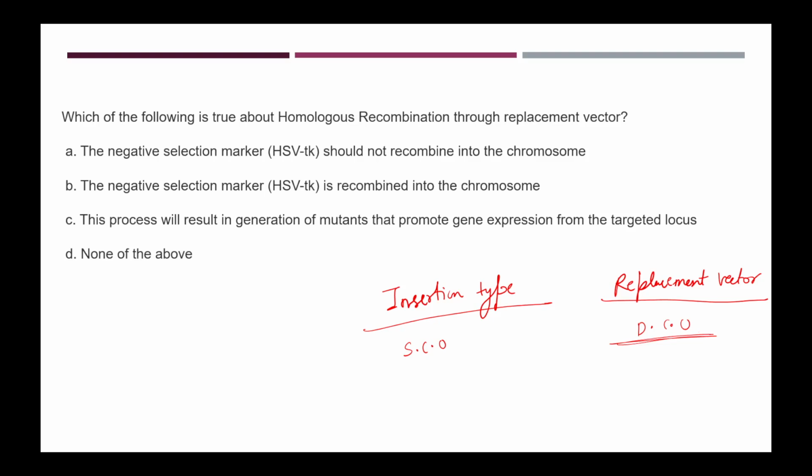Now we have also talked about positive and negative selection markers. So now I'll read the sentence, and you tell me which one is correct. Which one is true about homologous recombination through a replacement vector? So the replacement vector, if I draw it, will be something like this. Positive selection marker, another homology arm.